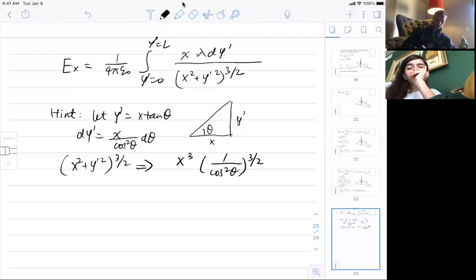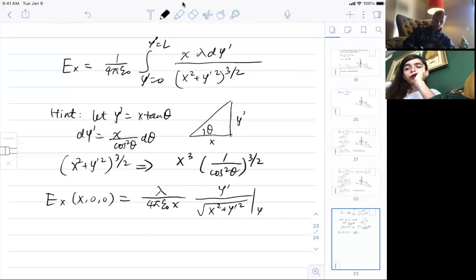So you can change your variable that way, and then the result is going to be the E_x at this location, lambda over 4 pi epsilon naught, x y over y prime over x squared plus y. And these are the limits. Once I plug in the limits, I get this result.